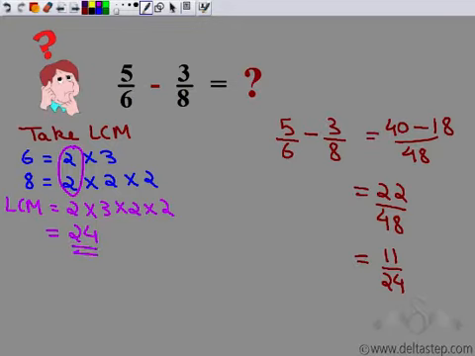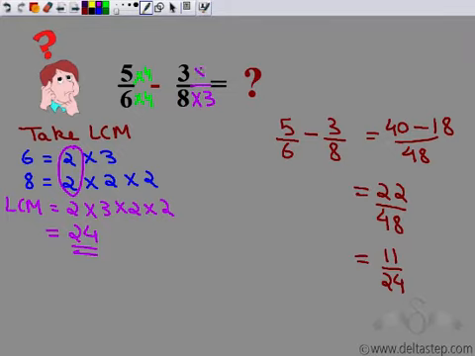Now you have to make the denominators equal to the LCM, which is 24. To make 6 equal to 24, I multiply both by 4. 6 into 4, 24. 5 into 4, 20. To make 8 again as 24, I multiply it by 3. 8 into 3 is 24.